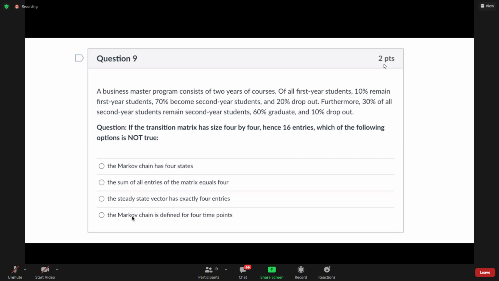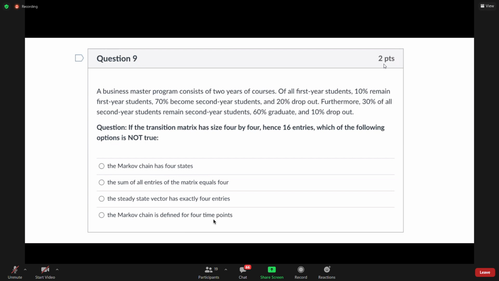The only one that is not correct, that is not true, is the Markov chain is defined by 4 time points. That is not true. We don't know by how many time points this Markov chain is defined because we are not being told how many V vectors we have. The vector V, remember, it was called the probability vector V, which described by its index t the time point to which our Markov chain has reached.